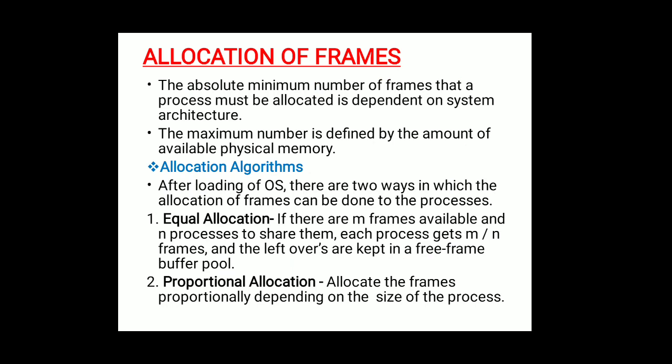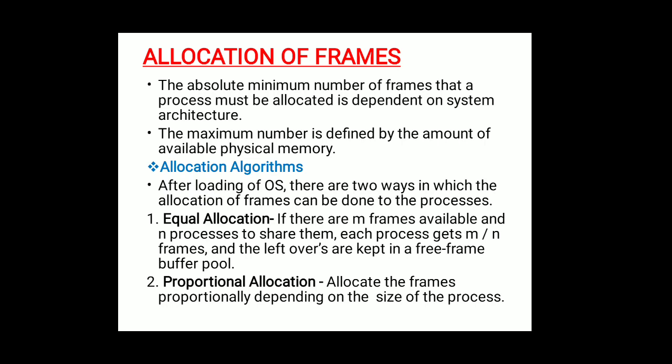So coming to the next concept, that is the allocation of frames. When there are multiple processes, how are we going to allocate frames to a particular process? That is the question. In any aspect, performance is the main reason for allocating a minimum number of frames.